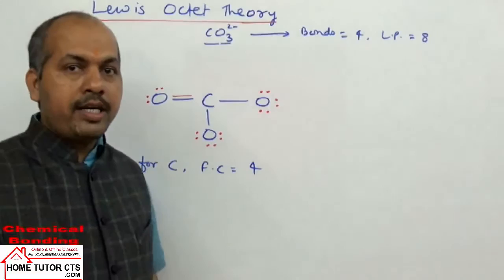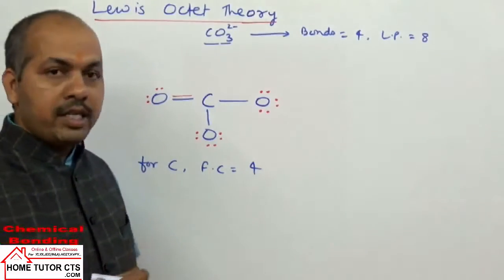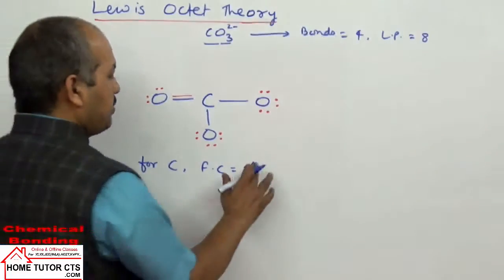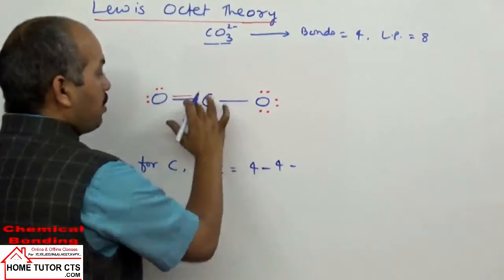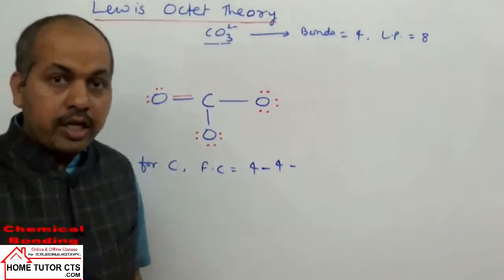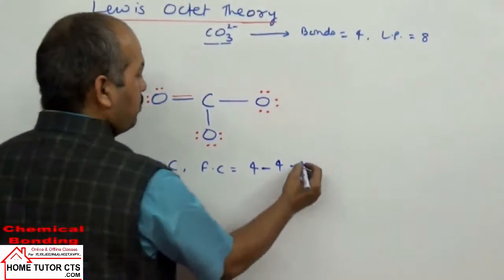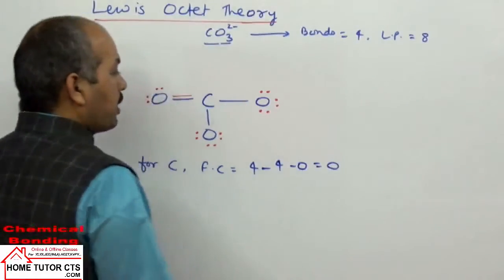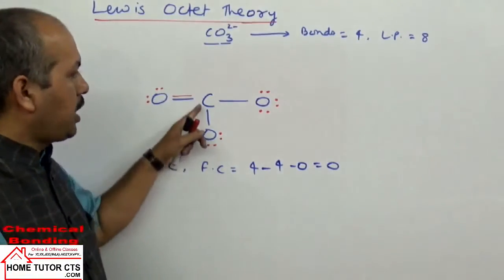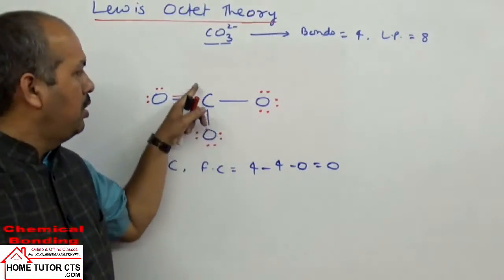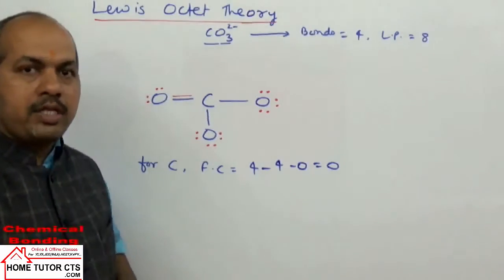How to find the formal charge? Number of valence electrons minus number of bonds minus number of non-bonding electrons, which are 0. So as a whole, carbon has no formal charge. Zero we don't write, so there is no need to write carbon's formal charge of 0.